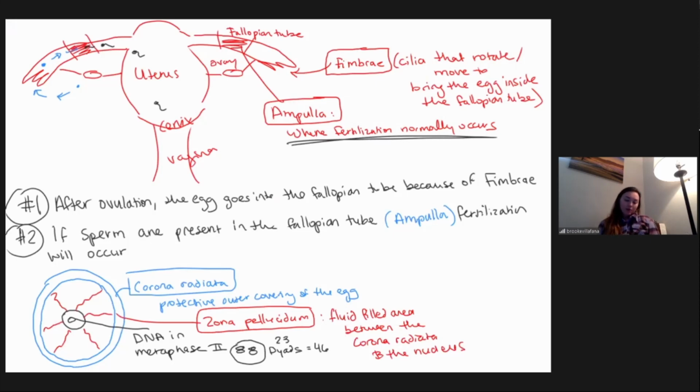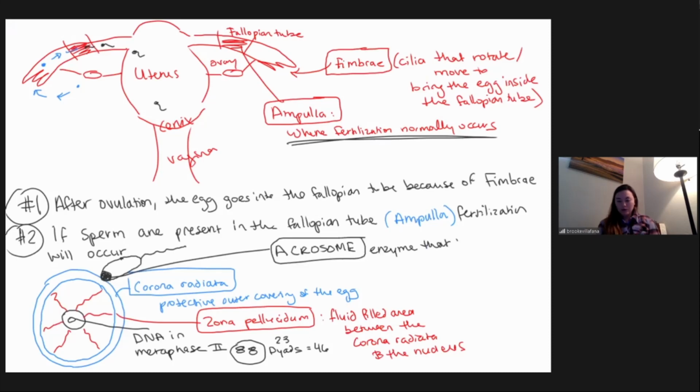So when the sperm is attempting fertilization, we have this substance on the head of the sperm called acrosome, okay? An acrosome is an enzyme that neutralizes the corona radiata.